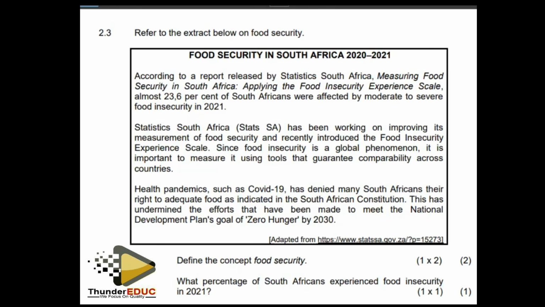Since food insecurity is a global phenomenon, it is important to measure it using tools that guarantee comparability across countries. Health pandemics such as COVID-19 have denied many South Africans their right to adequate food as indicated in the South African Constitution. This has undermined the efforts that have been made to meet the National Development Plan's goal of zero hunger by 2030.